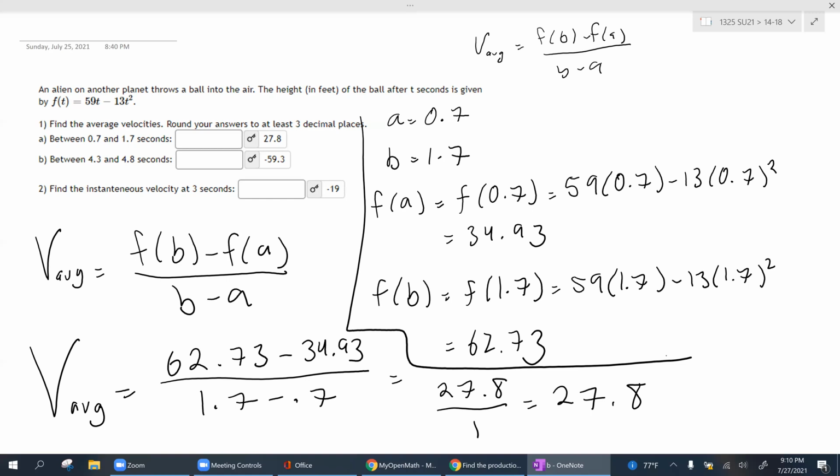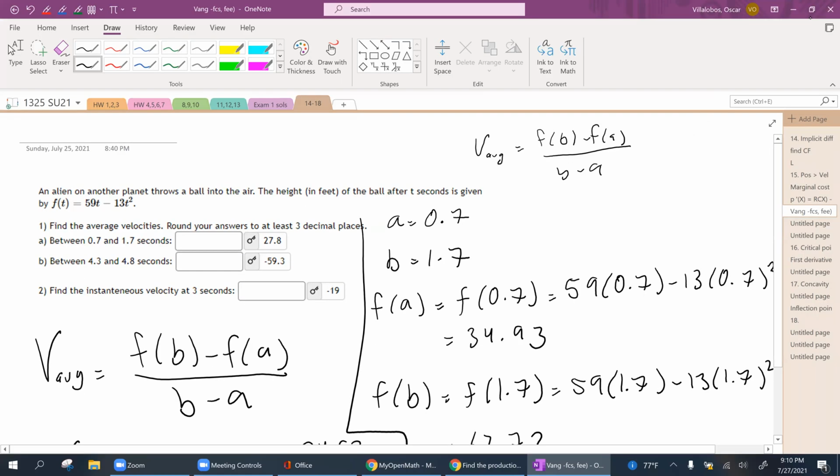And that right there would be your final answer. And you would go ahead and do that with B as well, but you would have to do this all over again because you have a new A and B value.